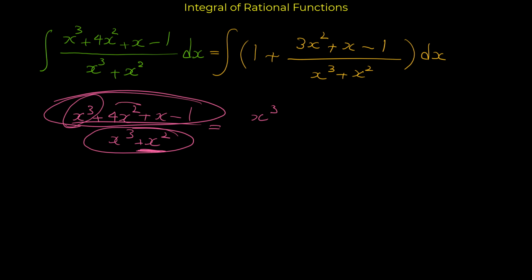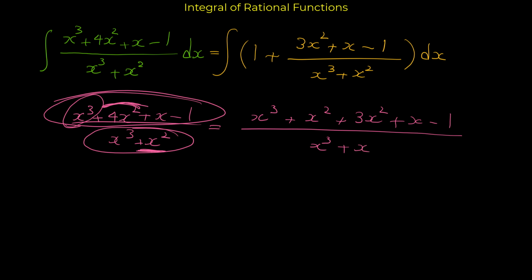So I am going to write this 4x to the 2 as x to the 2 plus 3x to the 2, because x to the 2 plus 3x to the 2 is exactly 4x to the 2. So nothing wrong is with my algebra here. I can do this, and it completely makes sense. Now, we are going to group these two together. We consider this as a group.